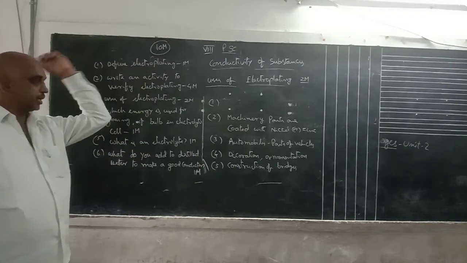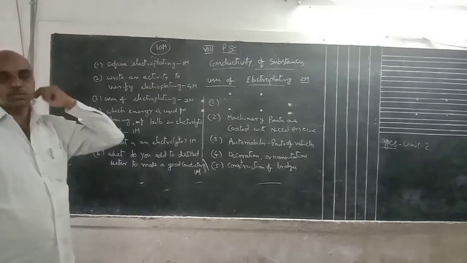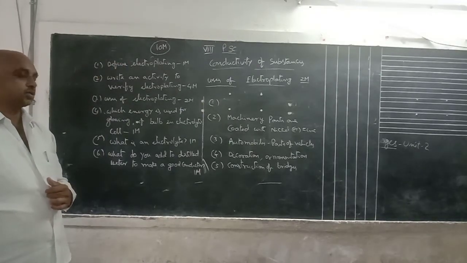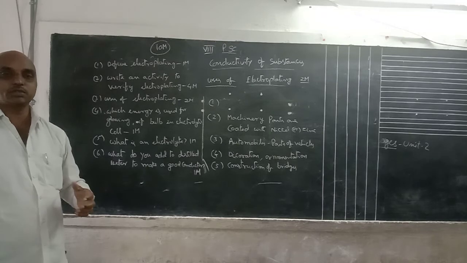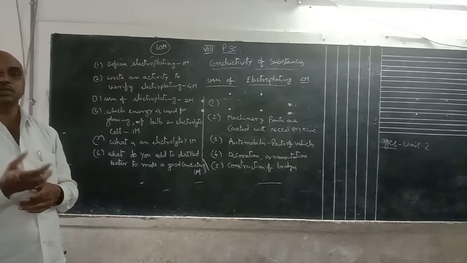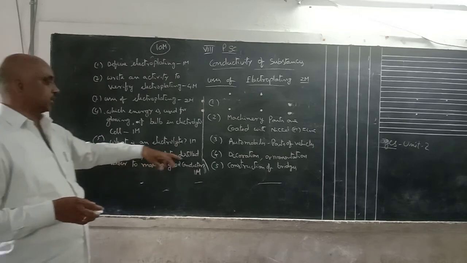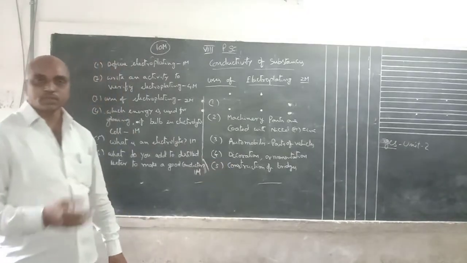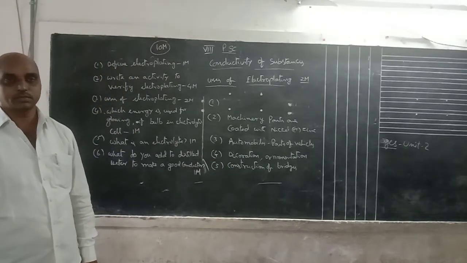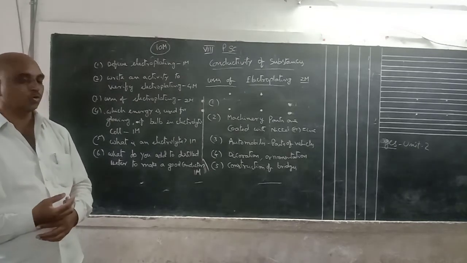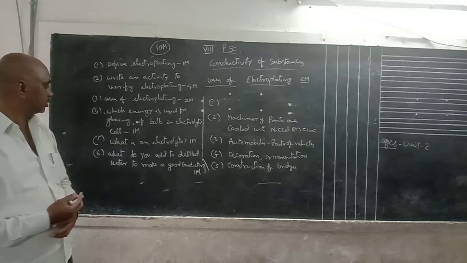Decoration articles and ornamentation also use this process. During construction of bridges, iron rollers or girders are used, and in this construction we also use different electroplating methods, using chromium, nickel or zinc.